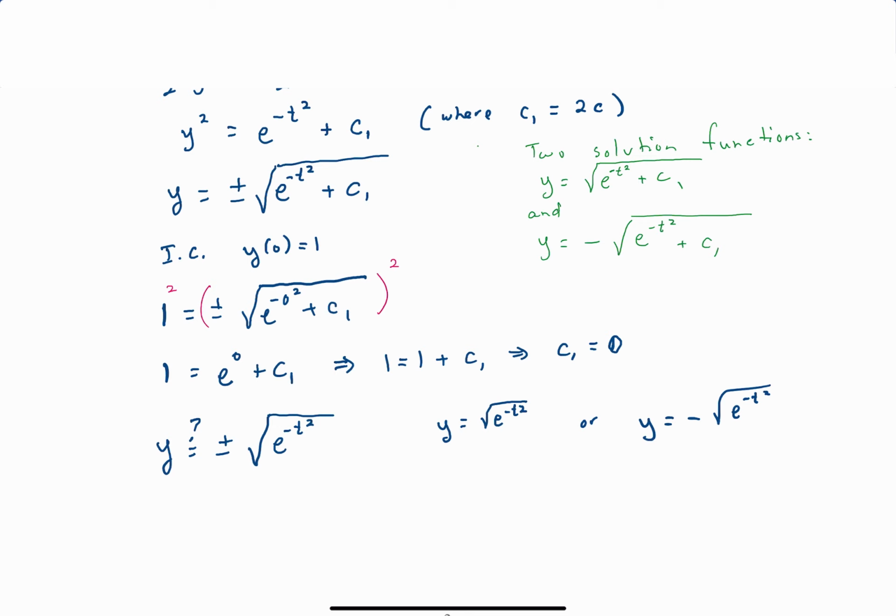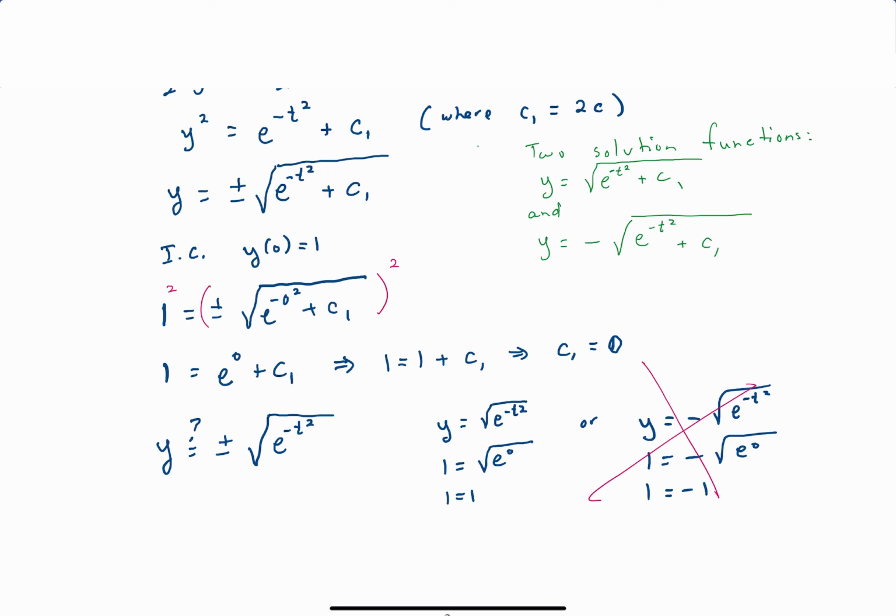If I put in (0, 1) here, that's fine. I get a true equation because 1 equals 1. But if I put in (0, 1) here, I get 1 equals minus 1. And that is not true, so that certainly cannot happen.